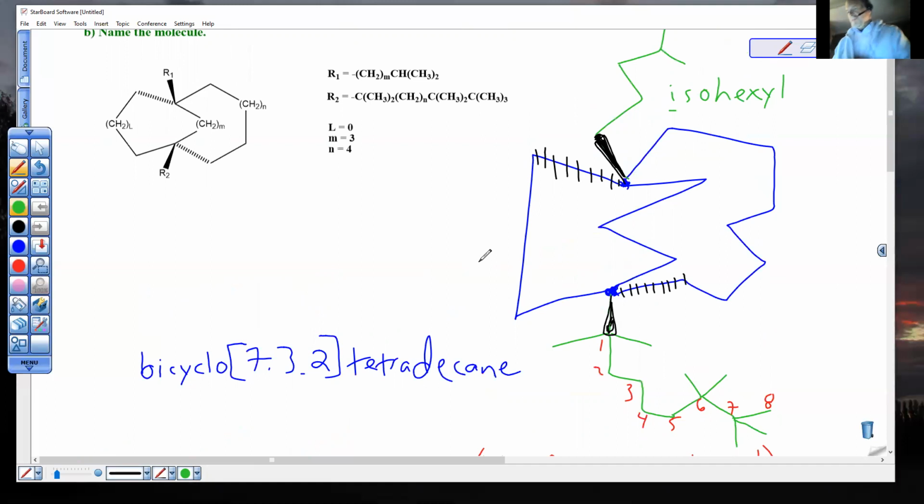I accept 2 orders for numbering the ring. You can have carbon number 1 of the rings down here. And if you choose that to be 1, you're going to go 2, 3, 4, 5, 6, 7, 8, 9.